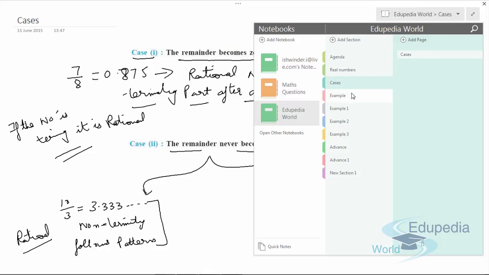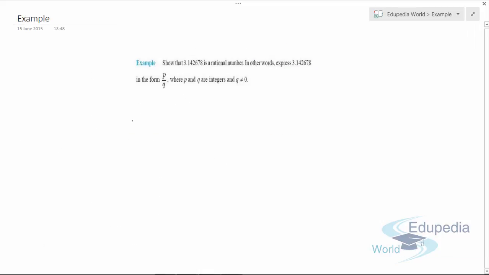So let's see some examples of how to use this concept. Now the example is, we have to show that this is a rational number and we have to express it in the form of p by q. And you very clearly know that if we can express any number in the form of p by q where q should not be equal to 0, then it is a rational number.